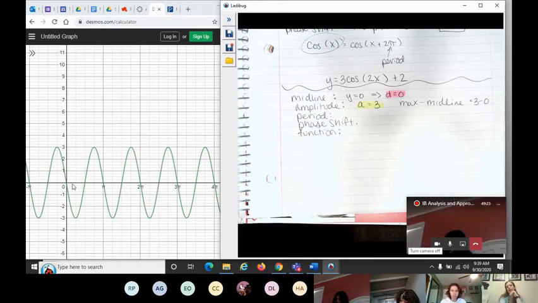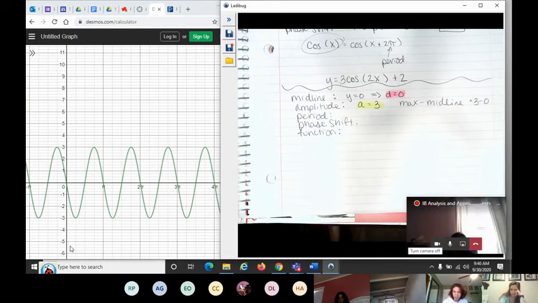So for the period, regardless of the function, you can just pick a spot to start with, either a max, a min, or a midline, and you've got to end at that same type of spot. So what do you want to pick, max, min, or midline? Just pick any one of them. It's arbitrary. The max.